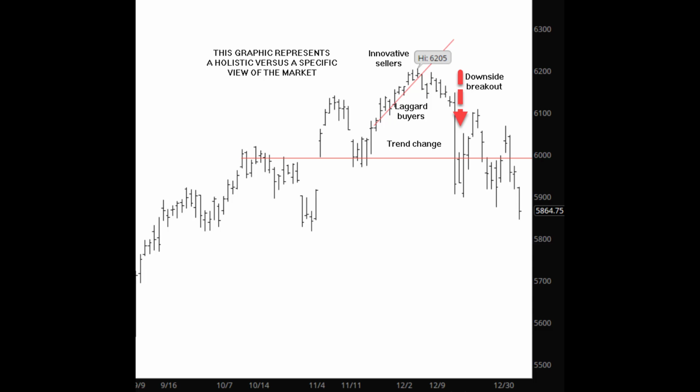But what we have is a trend change. The trend is now to the downside. Also, the monthly has traded below the prior month low. It's another indication of a trend change. Normally, markets will go from bull to balance, back to bull, or bull to balance to bear.